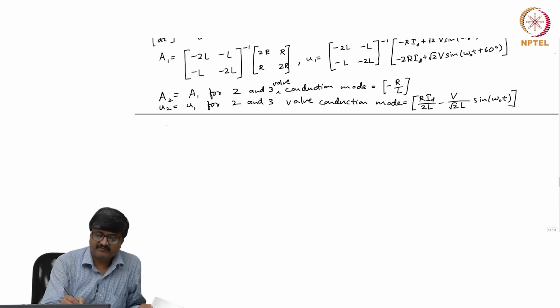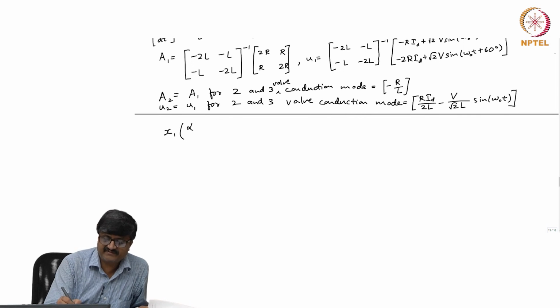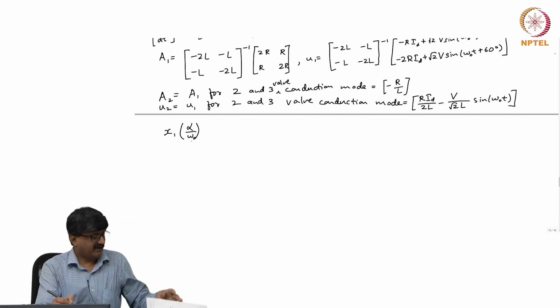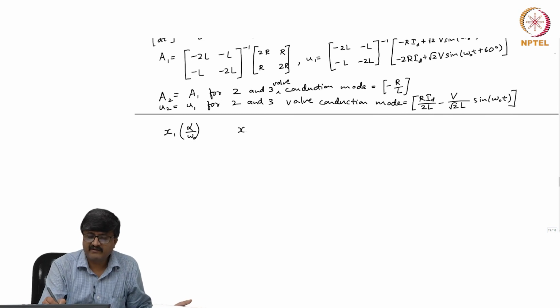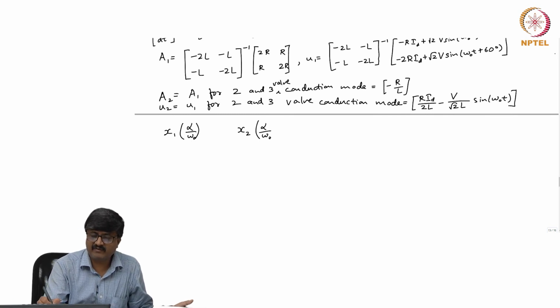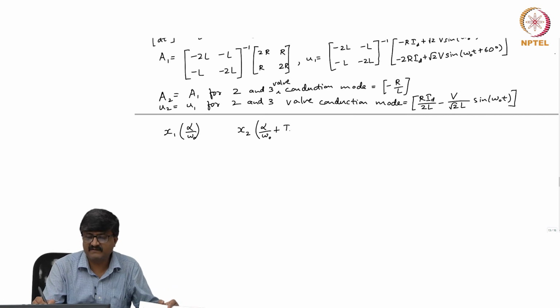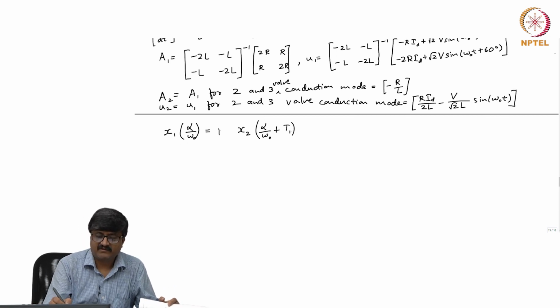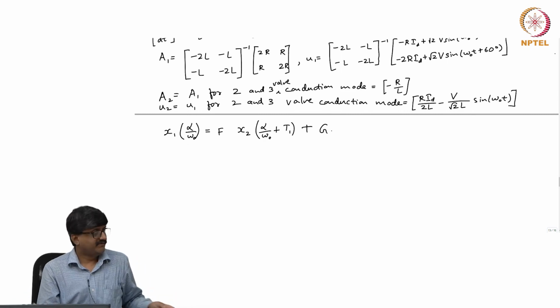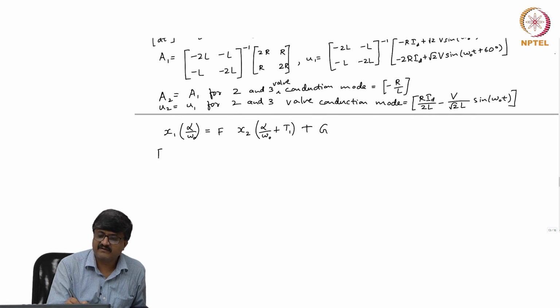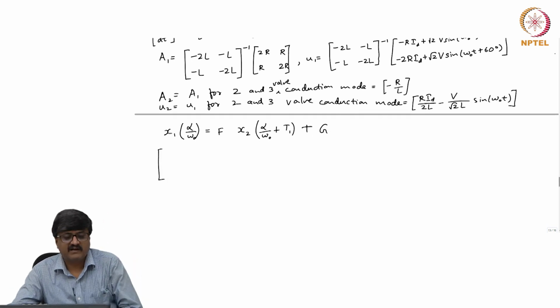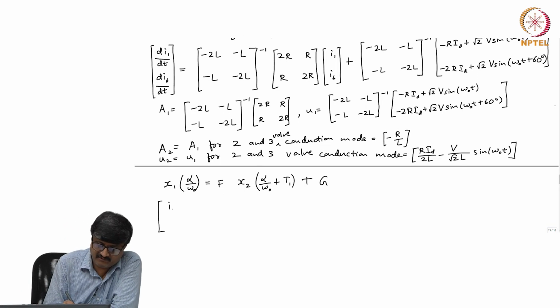Again we have to find F and G which relates x1 at alpha by omega o and x2 at alpha by omega o plus T1. So, the equation is this. In our case x1 is I1 and I6. I want to relate the left hand side, which is I1 at alpha by omega o, I6 at alpha by omega o.